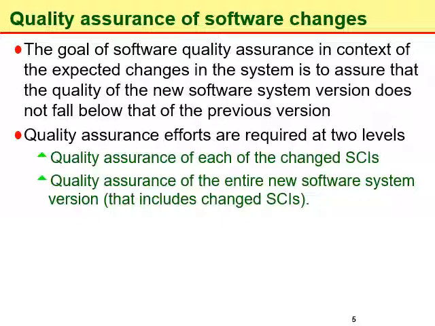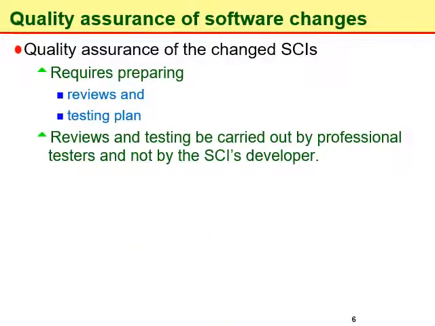So in the next slides we will discuss each of these. The first level is quality assurance of the changed software. Quality assurance of the changed software configuration items requires preparation of reviews and a testing plan at an appropriate level according to the size of the change.